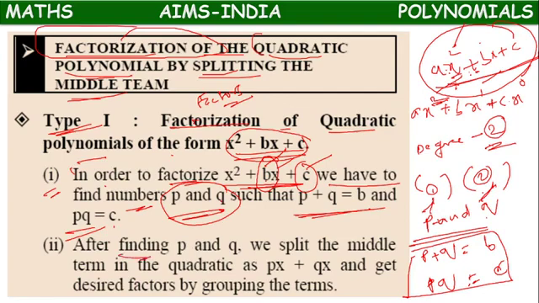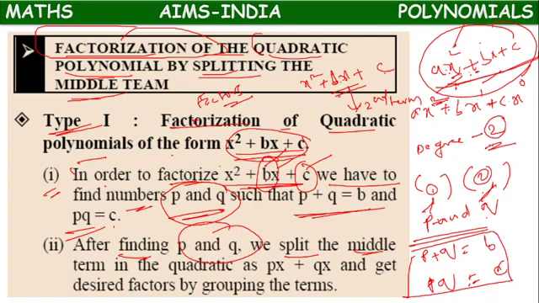After finding the two numbers p and q, we split the middle term. What is the middle term here? x square is the first term, bx is the second term, the constant is the third term. Out of three terms, the second term is the middle term. So that middle term we will split.